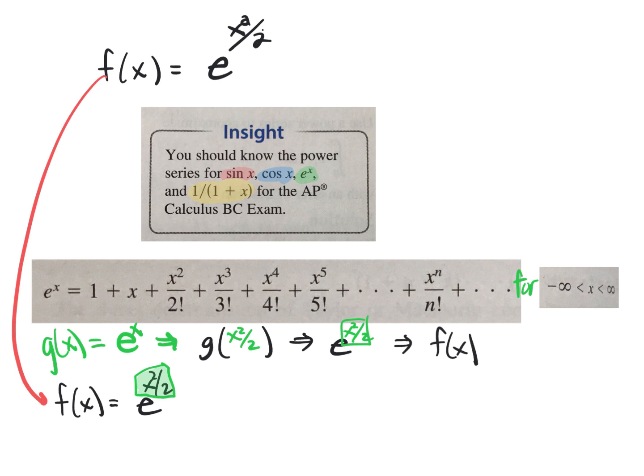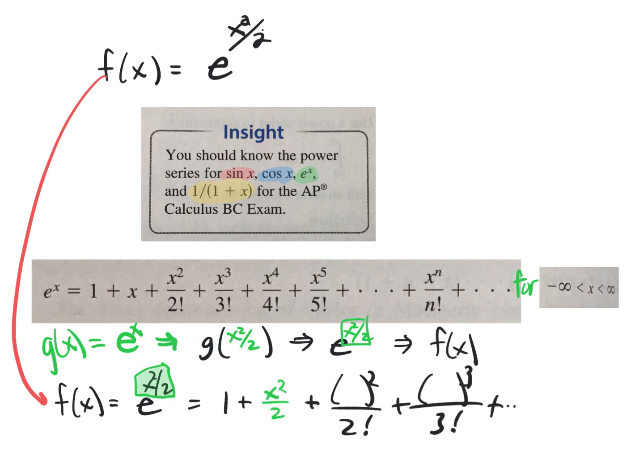All right, so f of x's series is just this series with an input value of x squared over 2, which means it's 1 plus x squared over 2 plus our input squared over 2 factorial, and our input is x squared over 2, plus our input cubed over 3 factorial, etc.